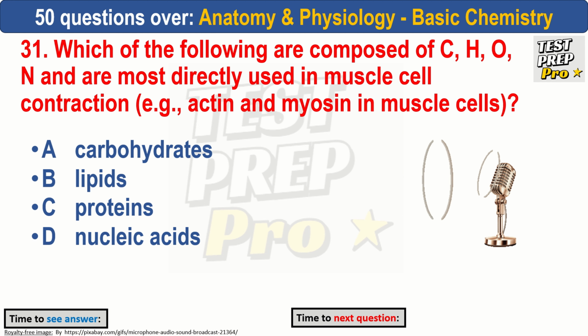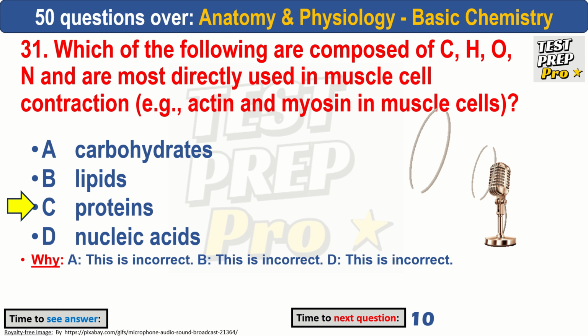Is it A, carbohydrates, B, lipids, C, proteins, or D, nucleic acids? It's C, proteins. So proteins have all of those elements. Again, they're used commonly in muscle for contractile elements like actin and myosin.